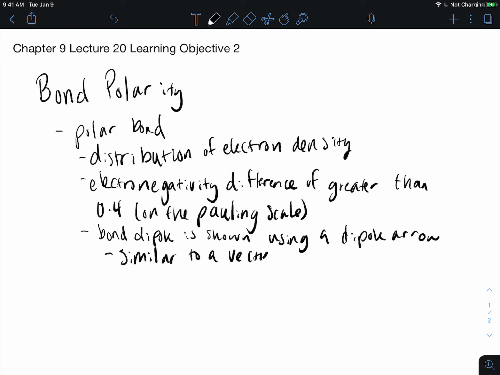It is going to have direction and magnitude. We are showing the direction of the electron density shift. So it's a little bit different than an actual vector.